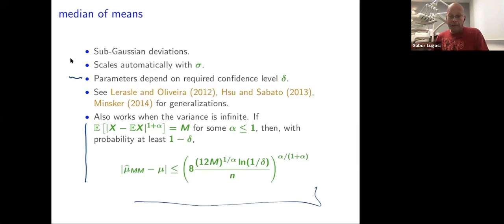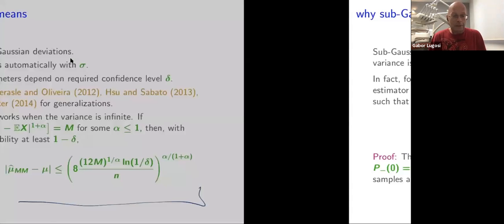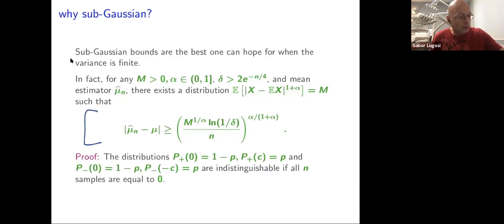If alpha equals 1, then this is exactly what we had before. If alpha is smaller, then we have a slower rate of convergence. Okay, but this is actually optimum, so it's very easy to prove. I'm not going to work out the proof that's written here, but you can very easily see that this is the best one can do.